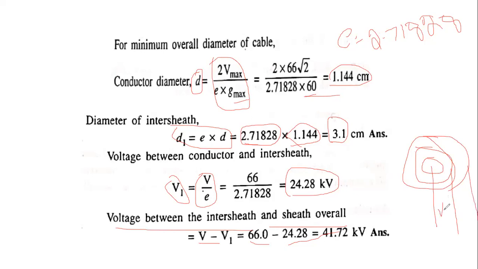This is the V1 and this is the V2. This is the conductor, this is the inter sheath, and this is the overall sheath or lead sheath.